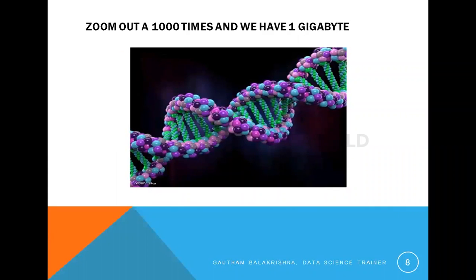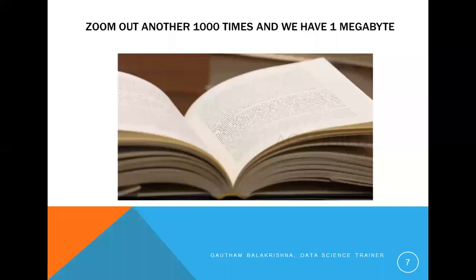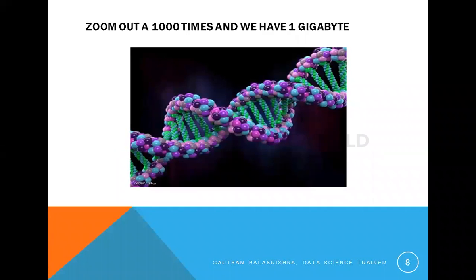So let's say I zoom another 1,000 times from 1 MB, now that would be like 1 gigabyte of information.